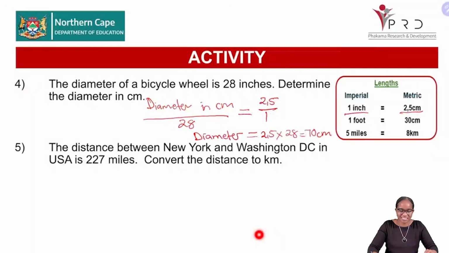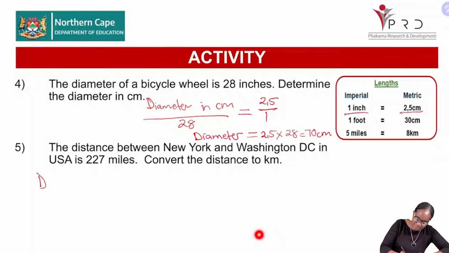So our question is, the distance between New York and Washington, D.C. in the United States of America is 227 miles. Convert the distance to kilometers. So what are we looking for? Distance in kilometers. We write that down.